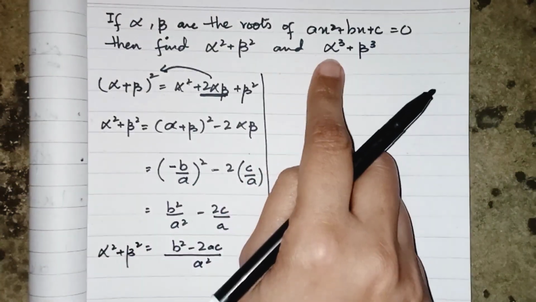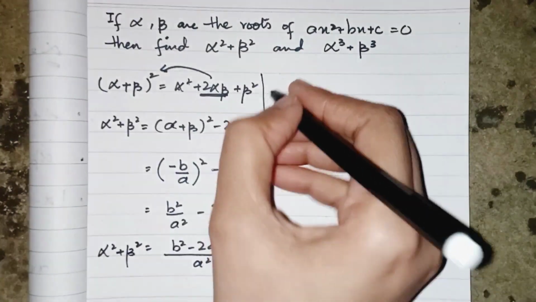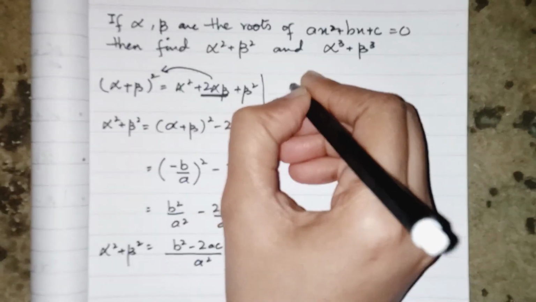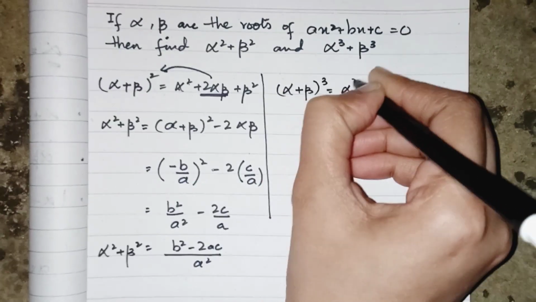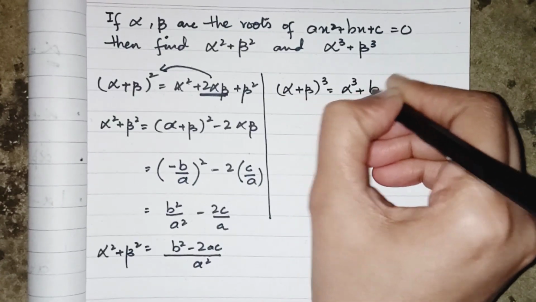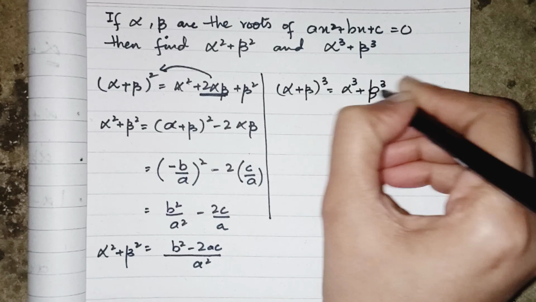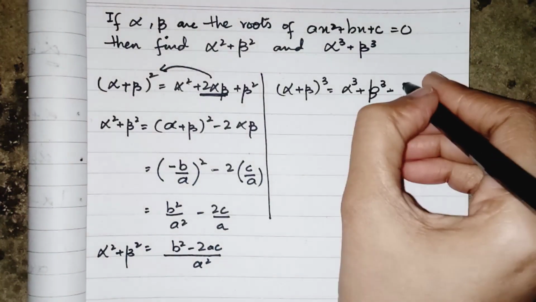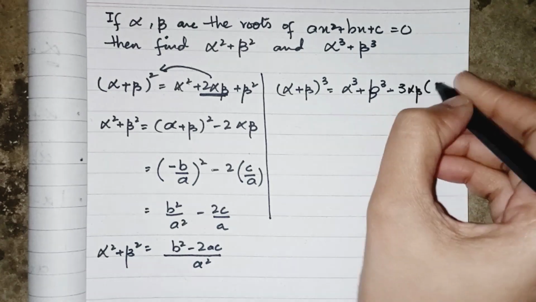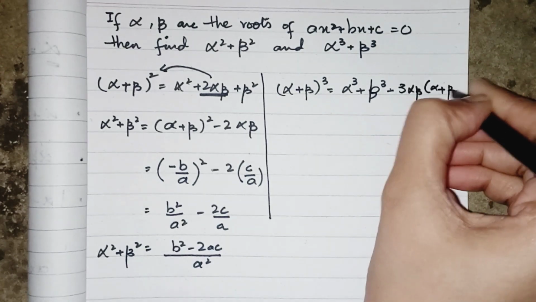Similarly, for alpha cube and beta cube, what can we do? We have to apply the formula of a plus b whole cube, which will be a cube plus b cube plus 3ab into a plus b.